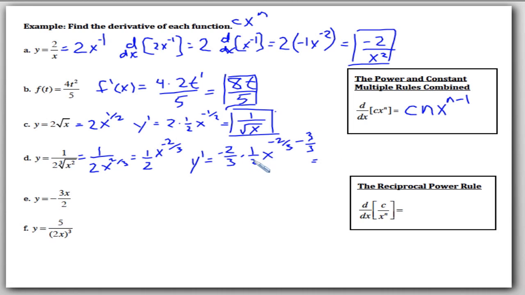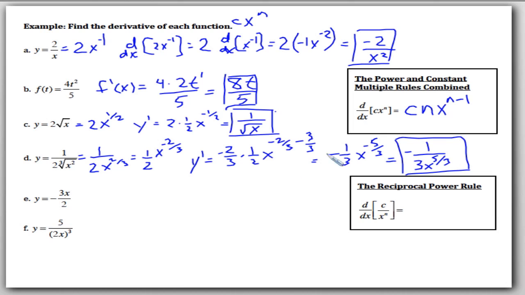So negative 2/3 times 1/2 is going to be, let's see, the 2's are going to cancel, so we're left with negative 1/3. And then negative 2/3 minus 3/3 is negative 5/3, so x to the negative 5/3. And then we don't want the negative exponent, so we're going to have negative 1 over 3x to the 5/3. And we will leave it just like this.